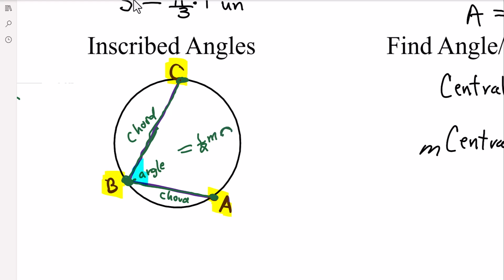So this angle forms this arc via these two chords. And this angle measure is the same as 1/2 the measure of that arc right there. Okay?